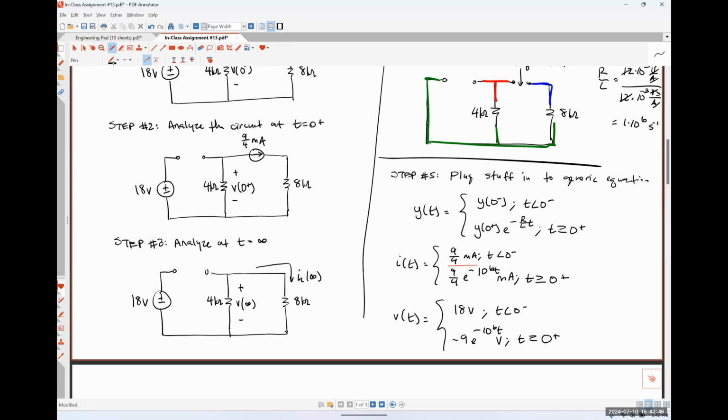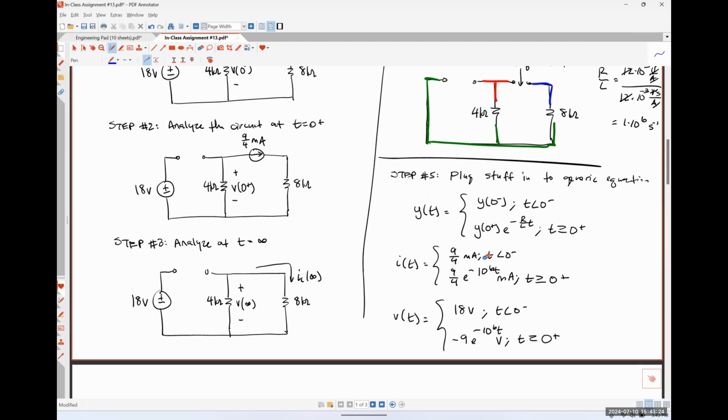I apologize for that. For this part right here, this represents what's going on over the interval from t greater than or equal to 0 plus. This is when our system is changing as a function of time, which is why we've got that exponential decay term. Caleb, did that clarify things, or did I misunderstand your question? Okay. I apologize for forgetting to put the t there.